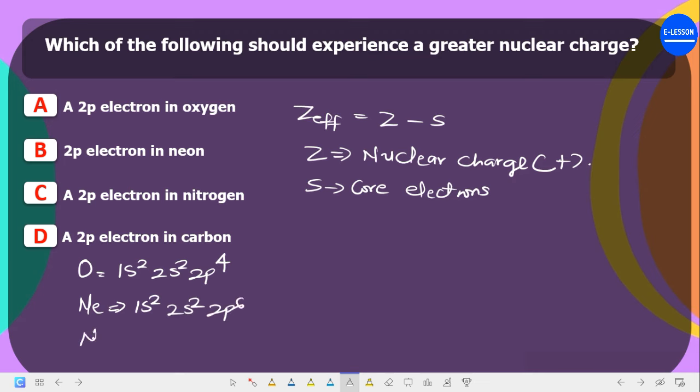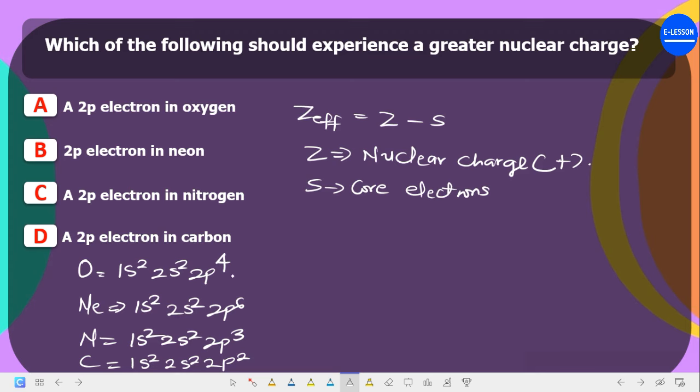That for nitrogen is 1s2, 2s2, 2p3. And that for carbon is 1s2, 2s2, 2p2. Is that understood? Now, we have gotten the electronic configuration of these elements.